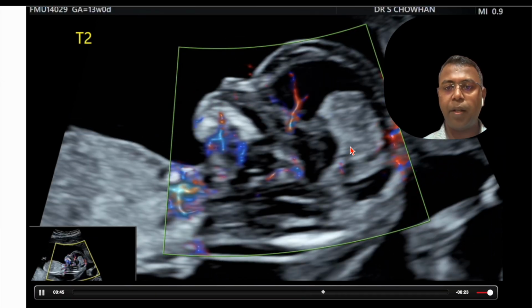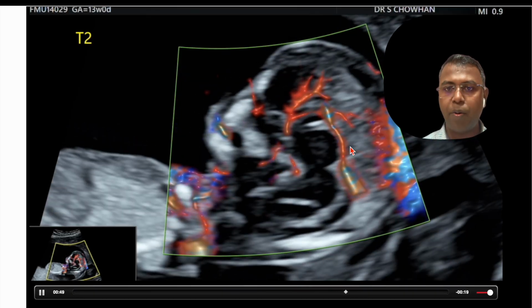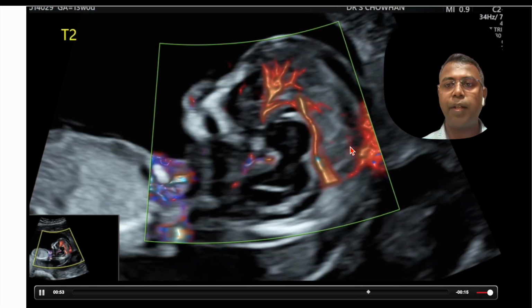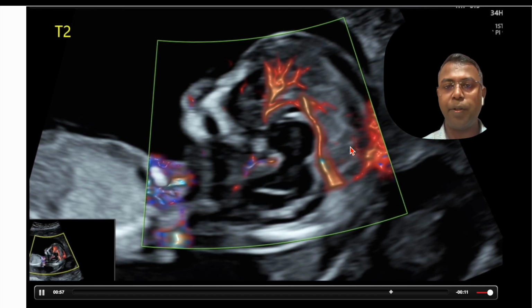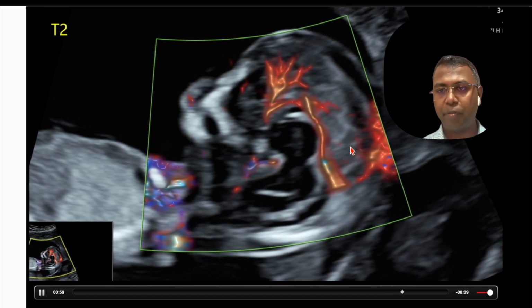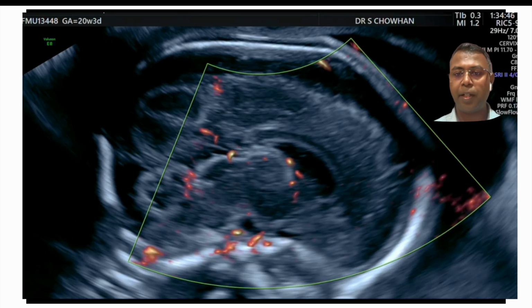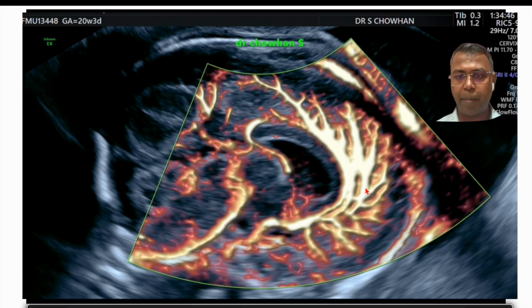Until and unless we know the anatomy of the Peri Callosal artery, the course of the Peri Callosal artery and the different branches, it is difficult to predict or comment on the Peri Callosal artery in difficult situations. When you see the Peri Callosal artery in the second trimester, you see there are so many vessels coming up.